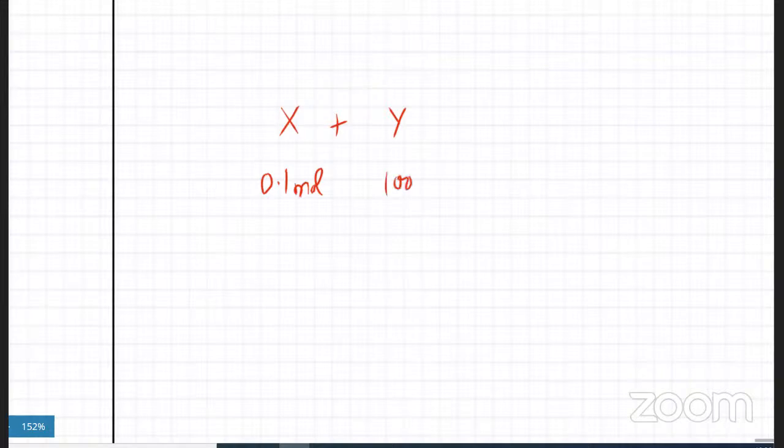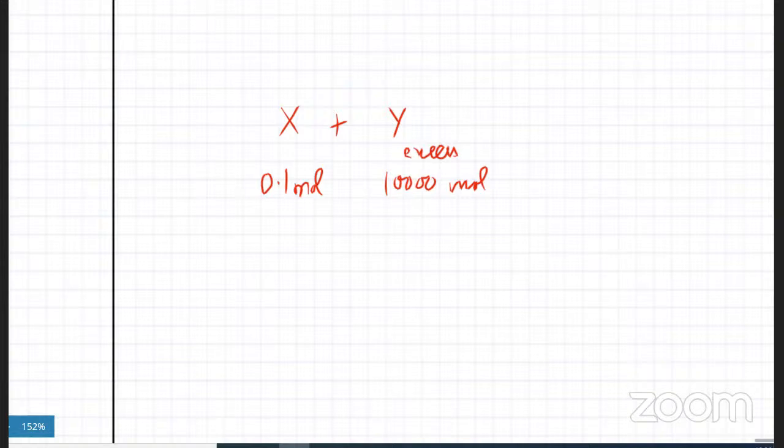Because you'll be thinking, okay, so basically let's assume that X and Y are reacting, right? And I've got 0.1 moles of X and let's say 10,000 moles of Y, and the reaction is 1:1. So if you add anything in excess, its concentration for all practical purposes is constant.